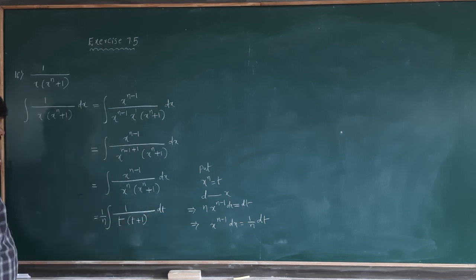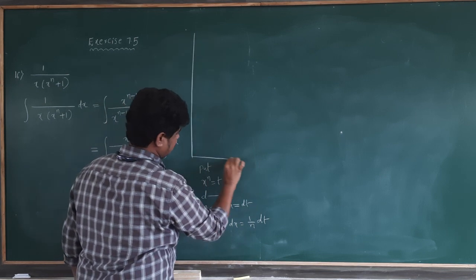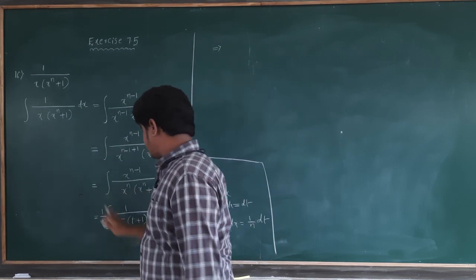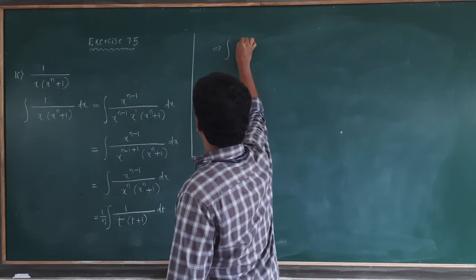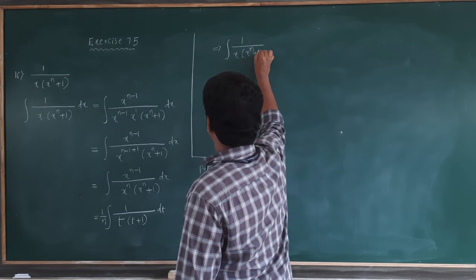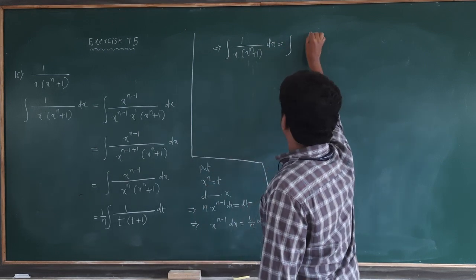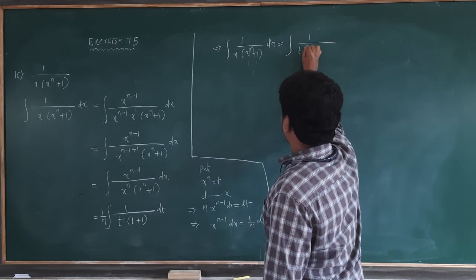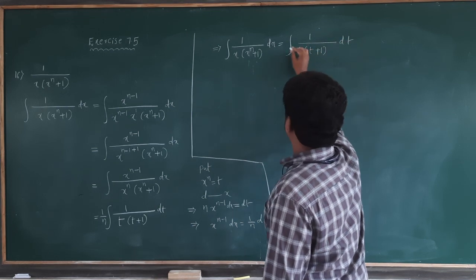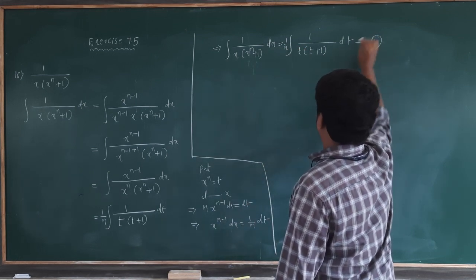Now, finally, what can we write? The integral of 1 divided by x into x to the power of n plus 1 dx equals 1 by n times the integral of 1 divided by t into t plus 1 dt. Take it as equation 1.